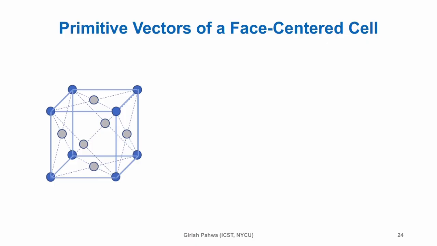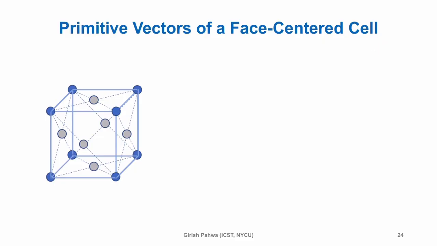So you have a cubic lattice, atoms at the corners of the cube, and then you also have the atom at the center of every face, which is this. For example, this face has this center atom, this face has this center atom, top face has this center atom, right? So this is called face-centered cell or FCC.